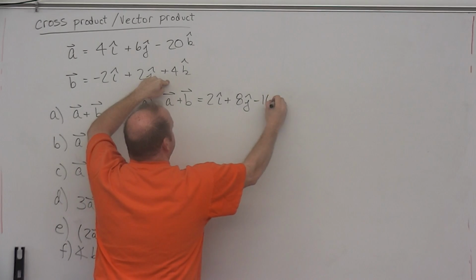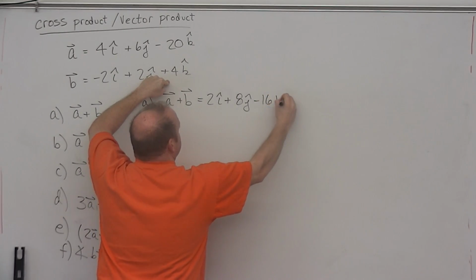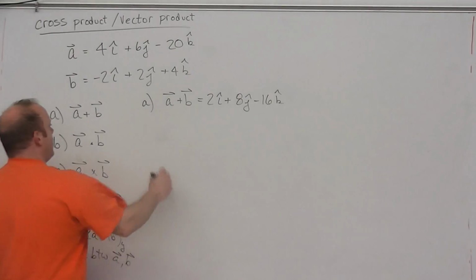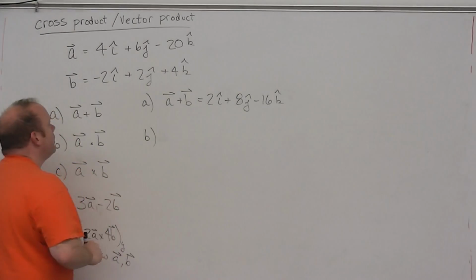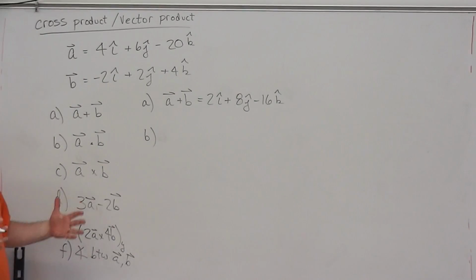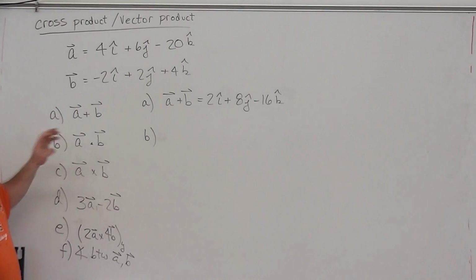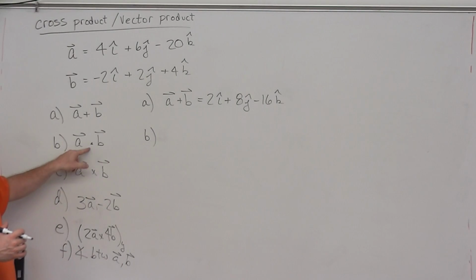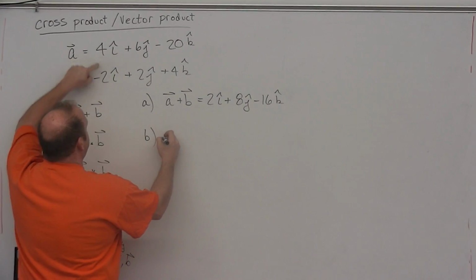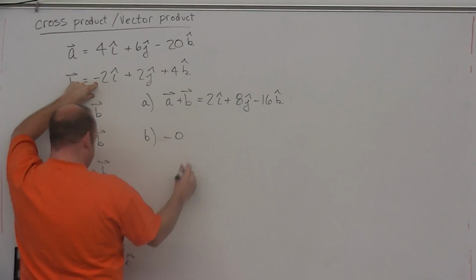Add the z components. And there we go. That's part A. Part B. So now, remember, dot product is a scalar product. So I don't put the vector here. I get 4 times negative 2, which is negative 8.